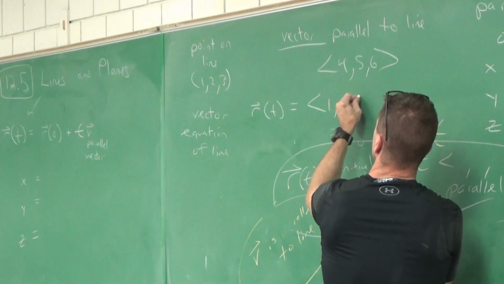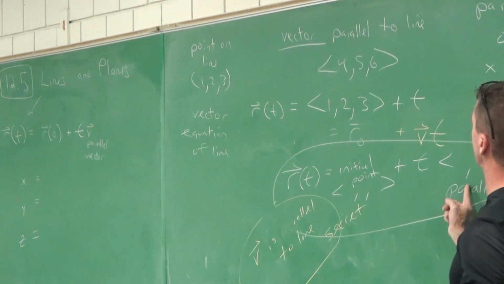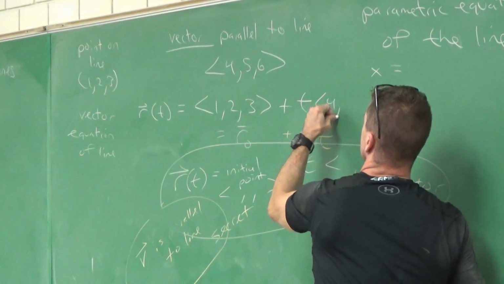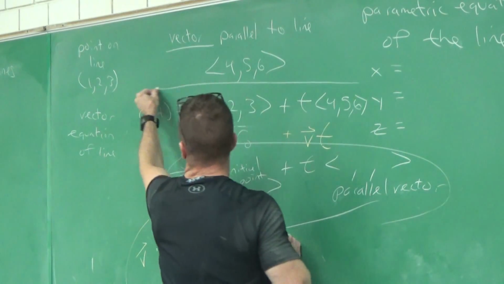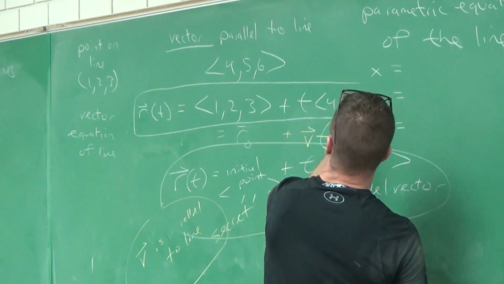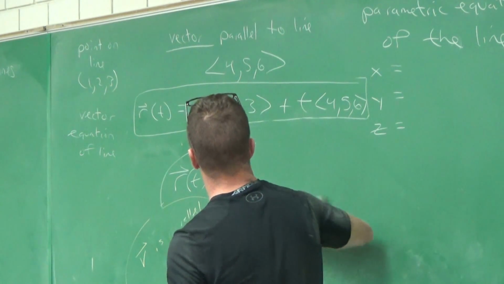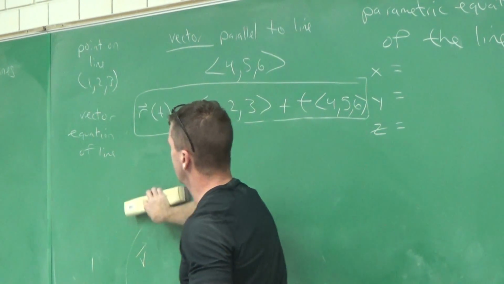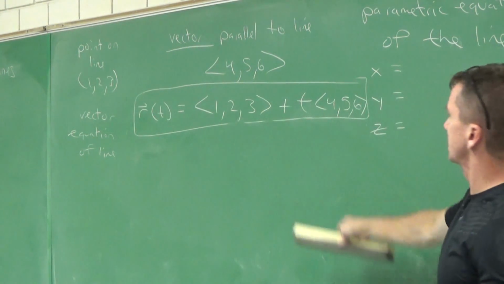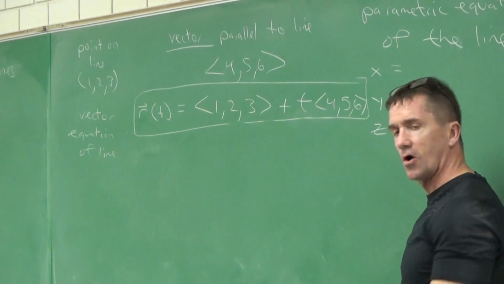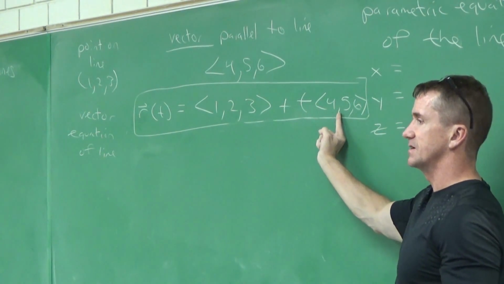I'll write it as a vector, plus parameter t, and what's the parallel vector? (4, 5, 6). Put a big box around this. You gotta love this. We will not make this too complicated. Take all this out of the way. We can keep that up there. But this is the vector equation of that line: r of t equals (1, 2, 3) plus parameter t times (4, 5, 6).